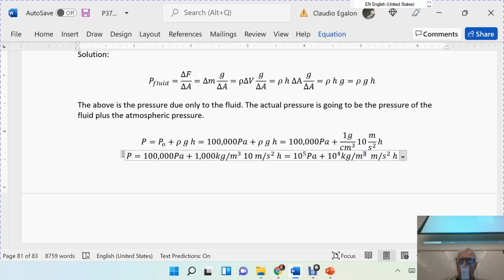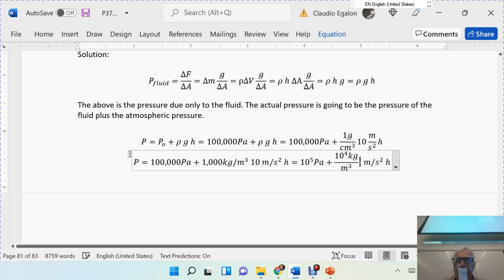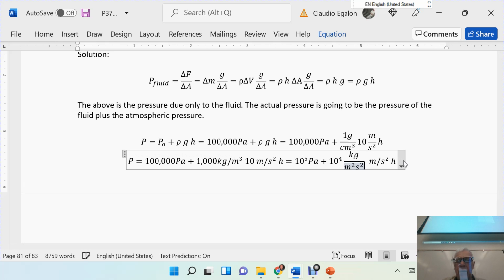If you do the math, this unit that you see right in here is going to be kilogram meter square, and second square goes downstairs.